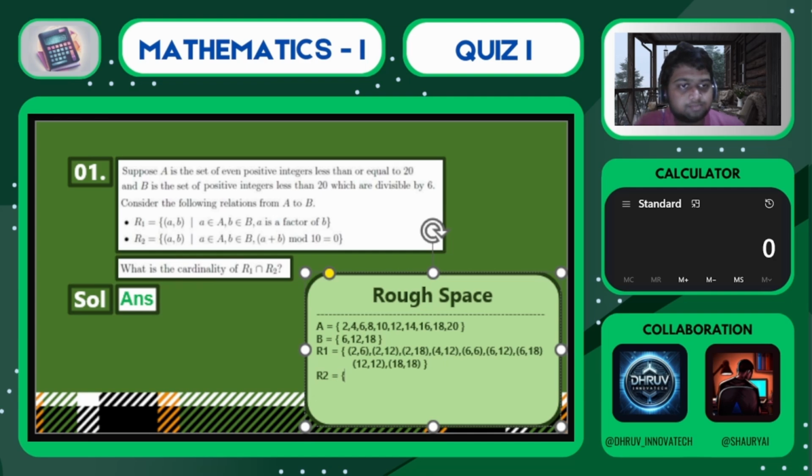Then let's make R2. R2 states that (A, B) are elements if A plus B is a multiple of 10.